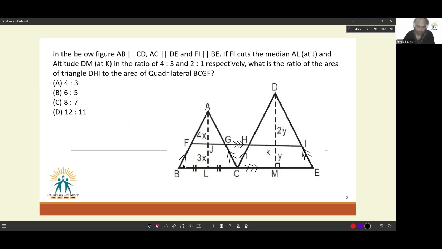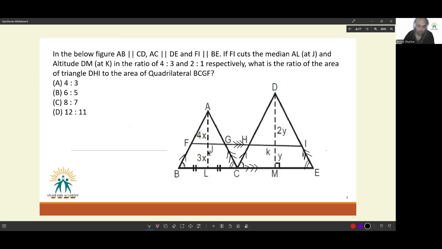Look at this. This angle here is going to be identical to this angle here, corresponding angles. Similarly, this angle here is identical to this angle here, corresponding angles. So ABC and DCE are similar. Not only are they similar, the lines present within them are also going to be similar.